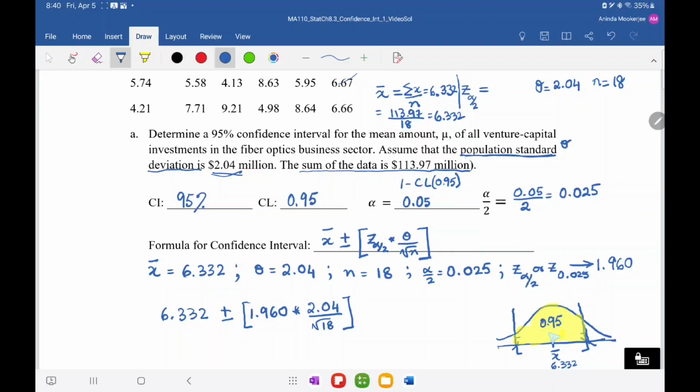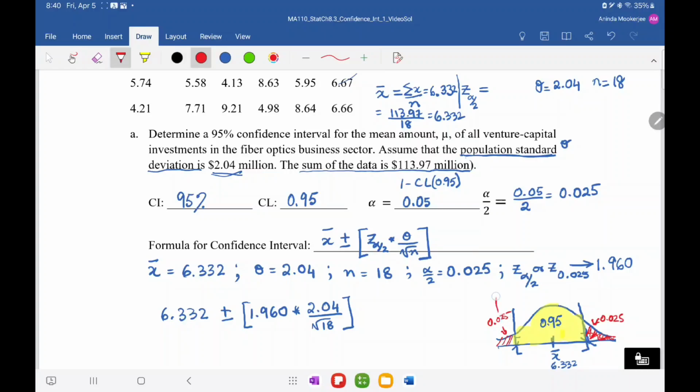So 0.95 is really the area bounded by the endpoints of the confidence interval. And then we have this outside unbounded area, which should be equal. So this side would be 0.025, and so is the other side, 0.025.